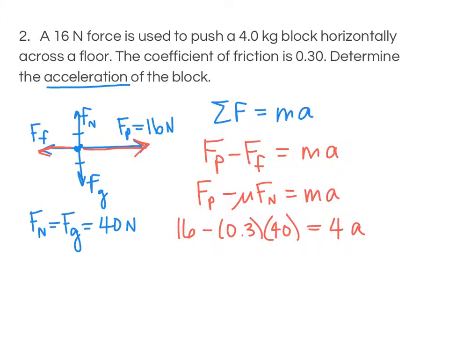Now I'll do a little bit of algebra. So 16 minus 12 equals 4 times a, and 16 minus 12 is 4. And so my acceleration is 1 meter per second squared.